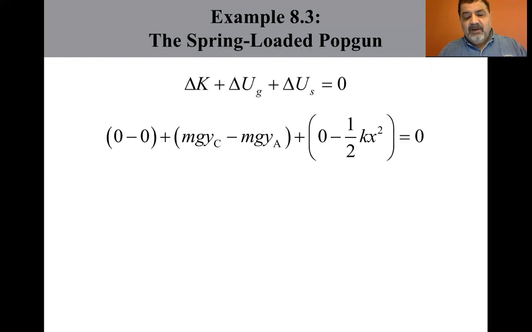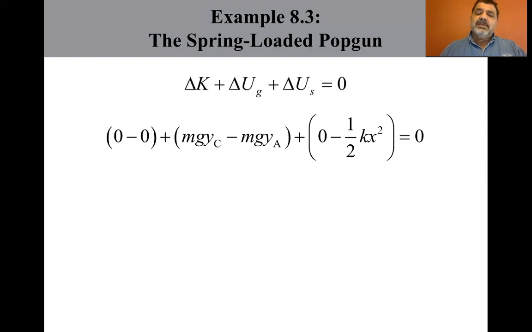After the gun is fired, the projectile rises to a maximum height yc. The final kinetic energy of the projectile is 0. From the isolated system model for energy, we write a conservation of mechanical energy equation for the system between configurations when the projectile is at points A and C. So we substitute for initial and final energies.